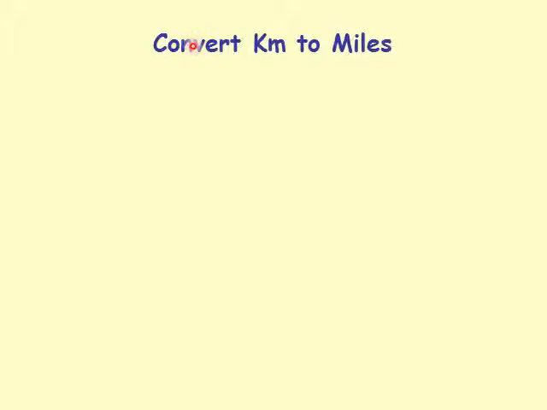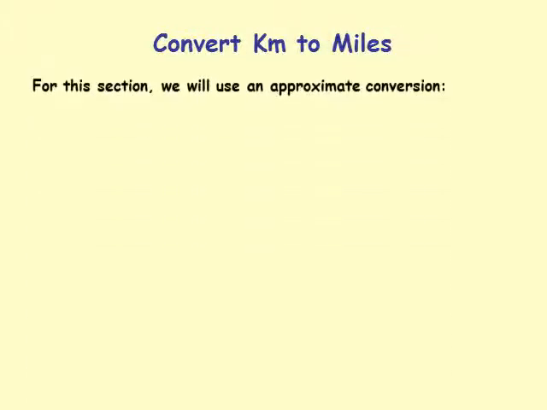Okay, let's convert backward, kilometers to miles. For this section, we'll use an approximate conversion. The exact conversion is 1 kilometer equals 0.62137119 mile. In converting from miles to kilometers, we used 1.6.